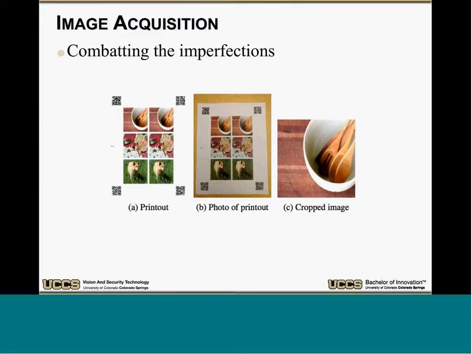A paper was published by Google in July that used QR codes to help with the alignment issues, and also printed out blown up versions of the image so that when they captured it, they were able to use the QR codes to get perfect alignment and also shrink the image down to what the deep neural network was expecting, and that combated any blur that might have been introduced during the image acquisition process.